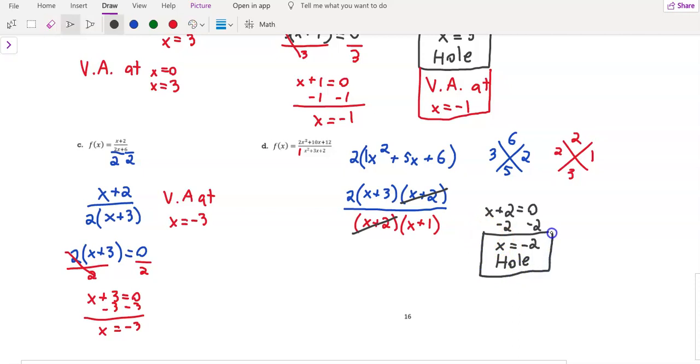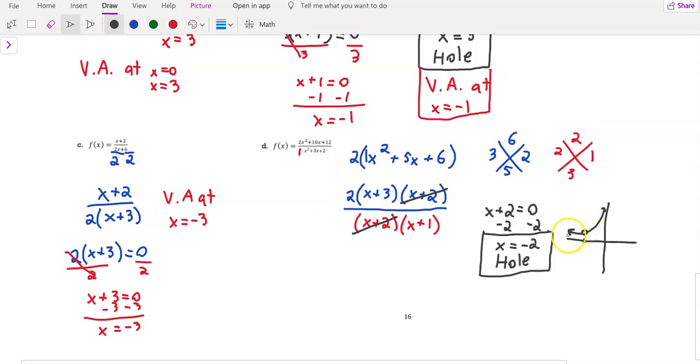All right, so again, that's just that point of discontinuity. If we were looking at our graph, at x is equal to -2, which is right here, it might look something like this, where it just had a hole at that point.